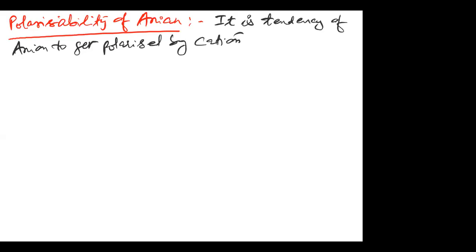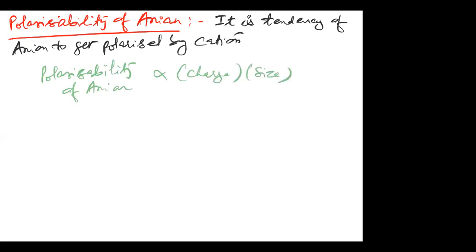And polarizability of anion is directly proportional to its charge multiplied by size. The bigger the anion, the more loosely bound its electrons and the more easily it can be polarized. Similarly, as negative charge increases, it has more loosely bound electrons and again it can be easily polarized.